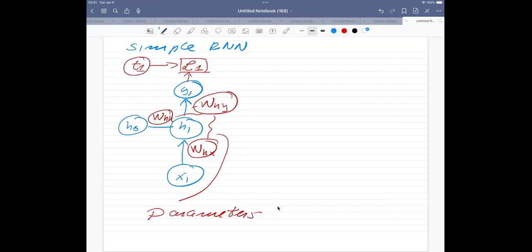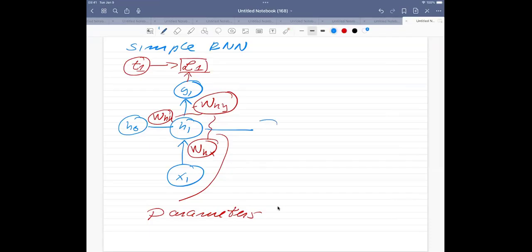Now, this feeds in, so there's a connection between the previous layer. So we're actually storing information about what happened in one. It could be time one. So that information is now trained into these parameters which you have here.